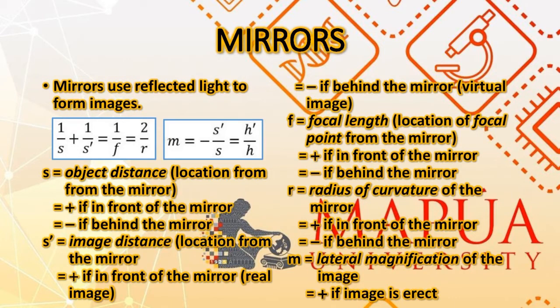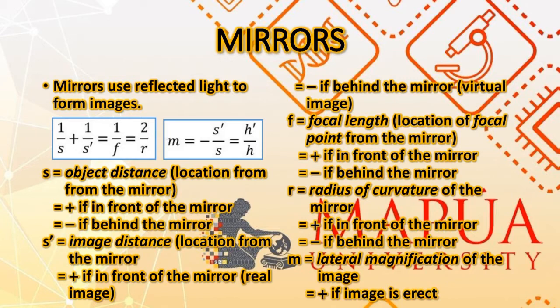The same applies for the radius of curvature. If the radius of curvature is in front of the mirror, R is positive, whereas if the radius of curvature is behind the mirror, R is negative.